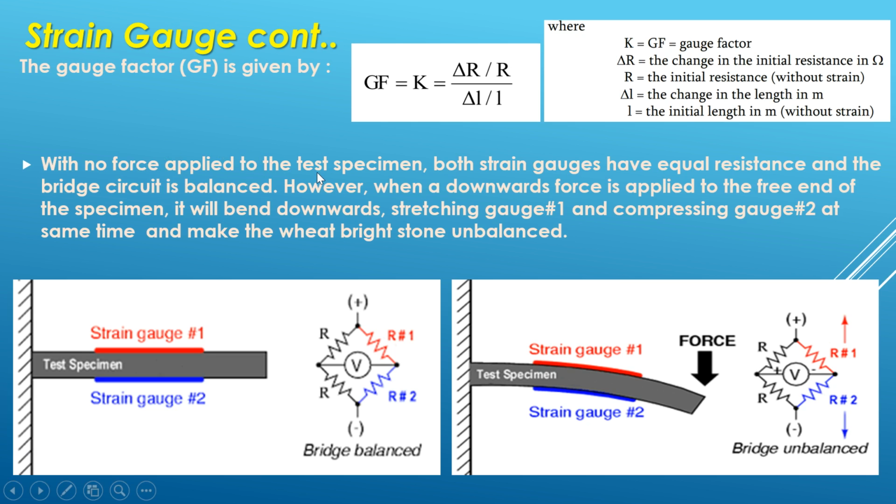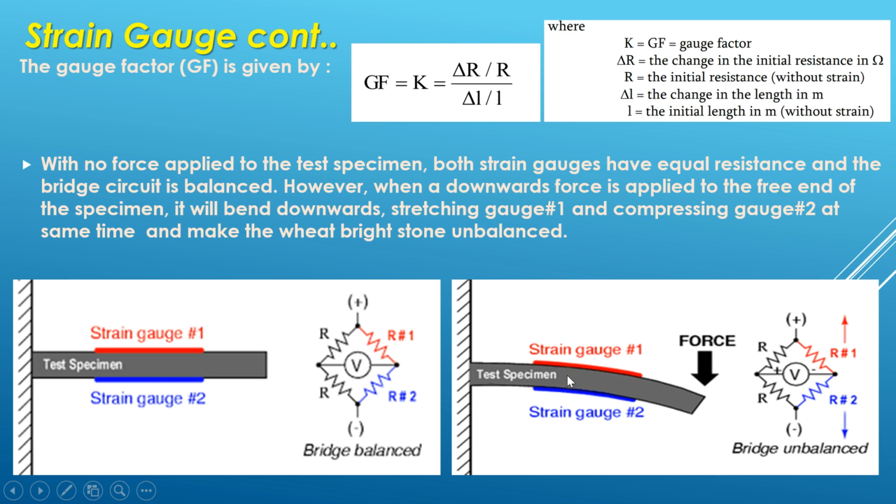With no force applied to the test specimen, both strain gauges have equal resistance and the bridge circuit is balanced. In the first picture, the bridge circuit is balanced because no force is applied to the test specimen. However, when a downward force is applied to the free end of the specimen, it will bend downwards, stretching gauge 1 and compressing gauge 2 at the same time, and make the Wheatstone bridge unbalanced.